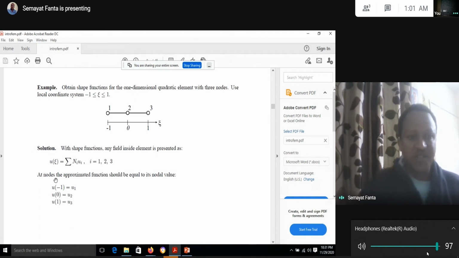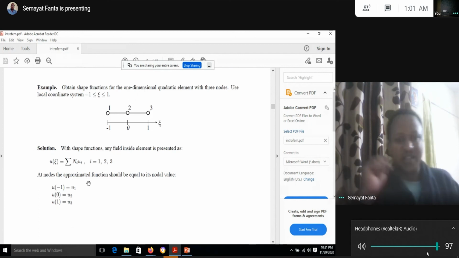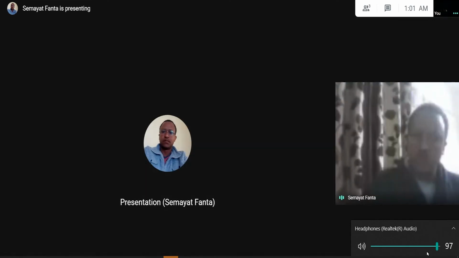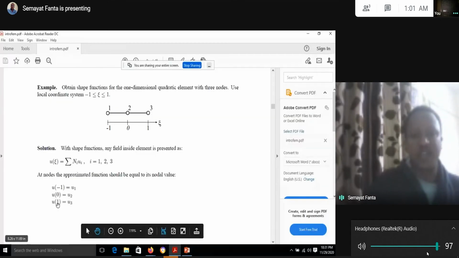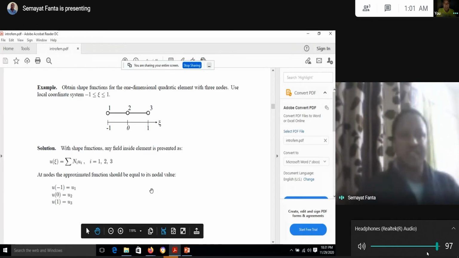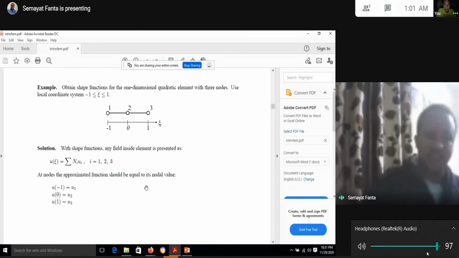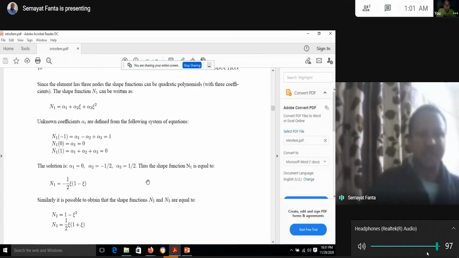Then, at the nodes, the approximated values are U1, U2, U3. So this is an important step of finding the solution.